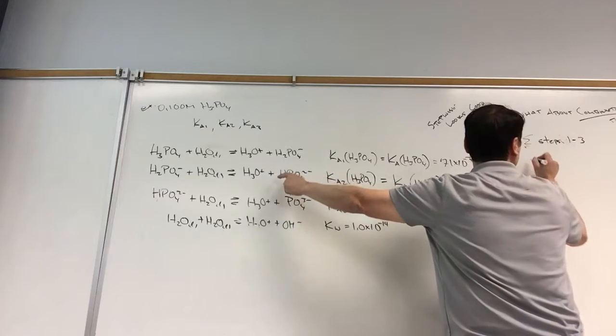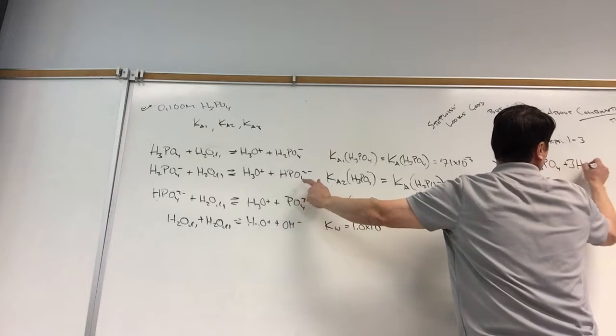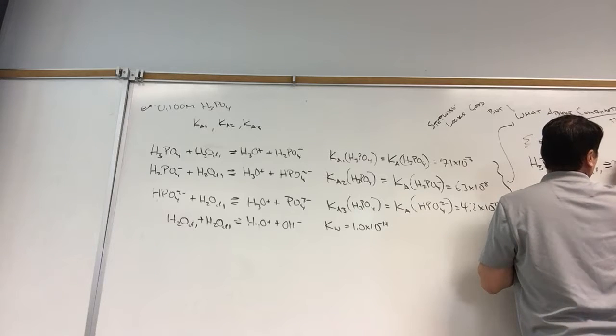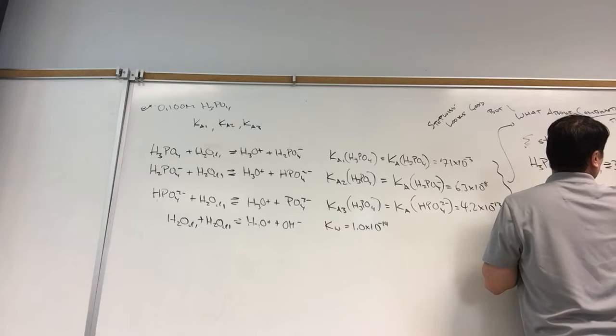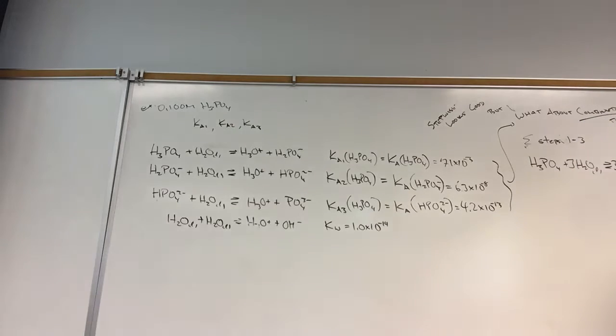If I sum up steps 1 through 3, the net equation I have is H3PO4 plus 3 water yields 3 hydroniums plus a phosphate. And then K for the combined, or K for the sum of the steps, is just equal to Ka1 times Ka2 times Ka3.